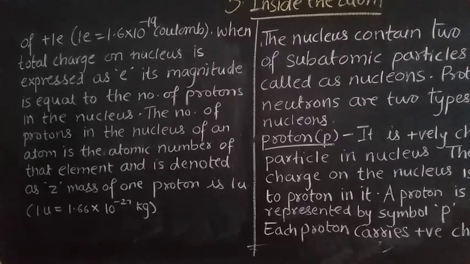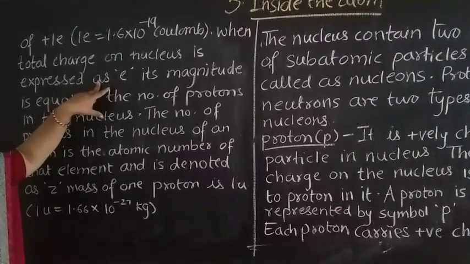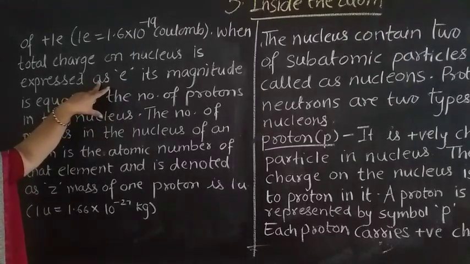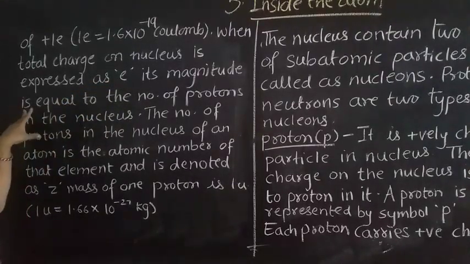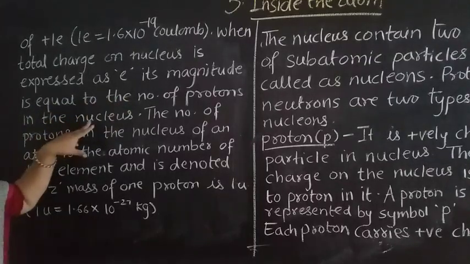When the total charge on the nucleus is expressed as E, its magnitude is exactly equal to the number of protons in the nucleus.